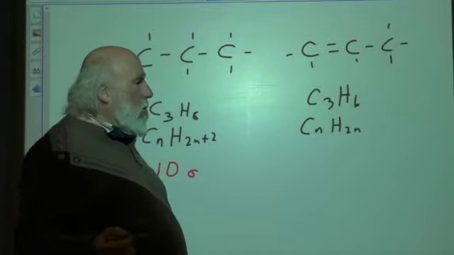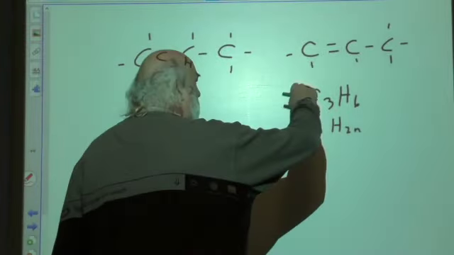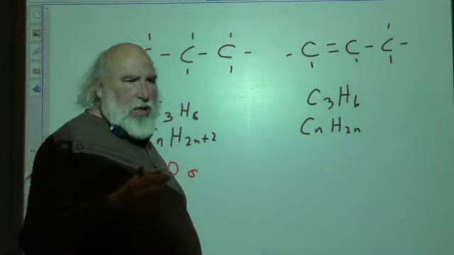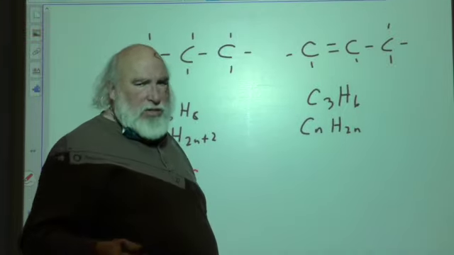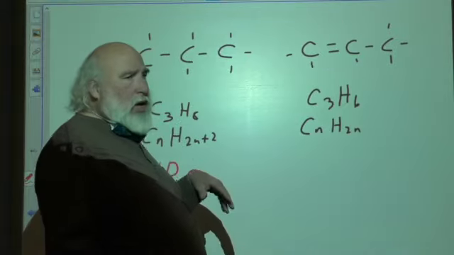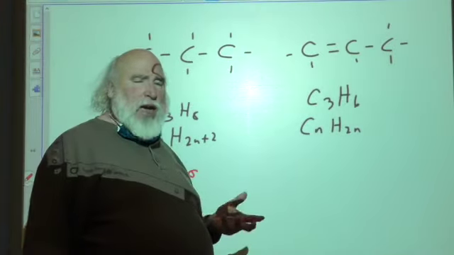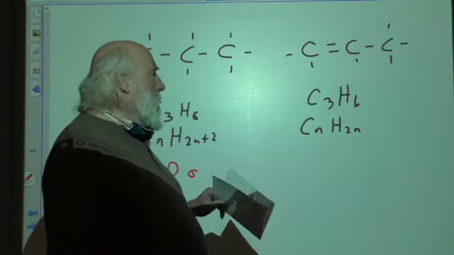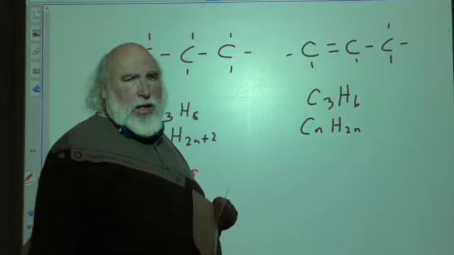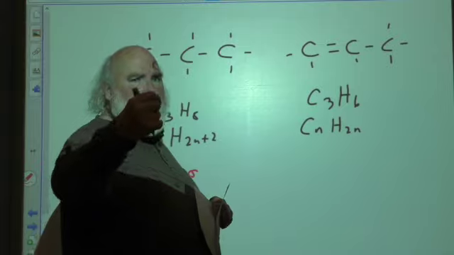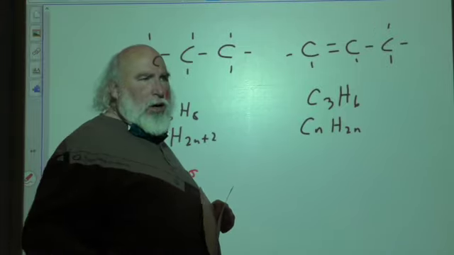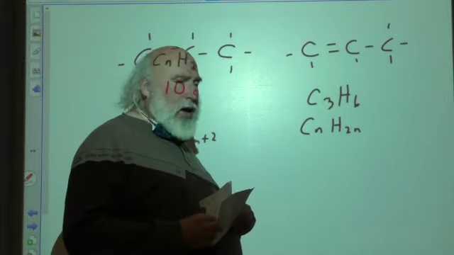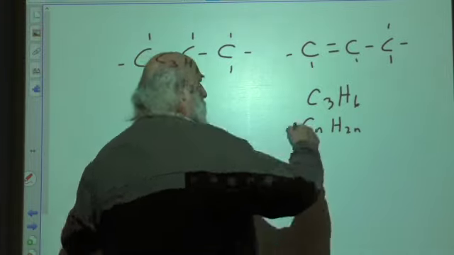But when you create a double bond, you have the sigma bond, which is most likely, although not 100% of the time, just like all these over here, a result of s electrons overlapping. In this case, you have p electrons that are also involved in the outermost level, and they're overlapping and create what we call pi bonds.